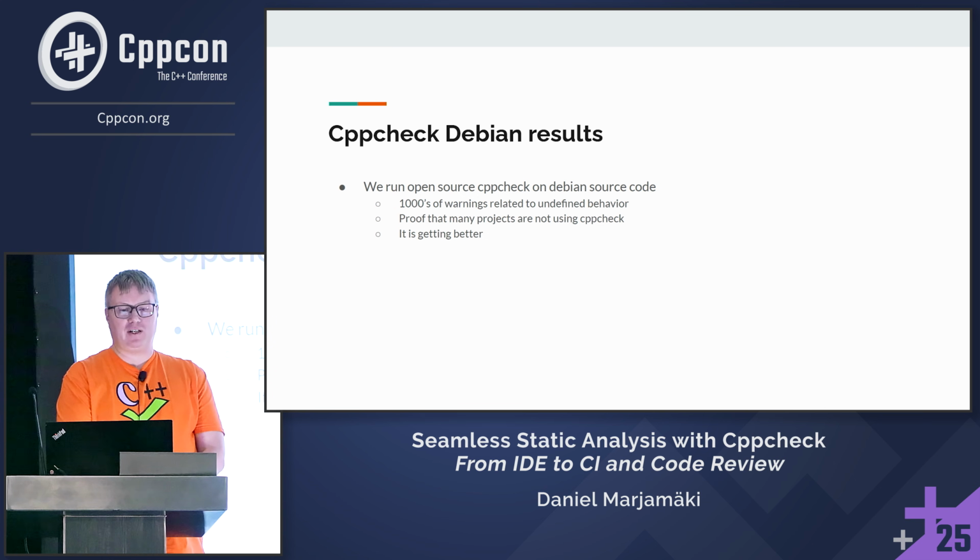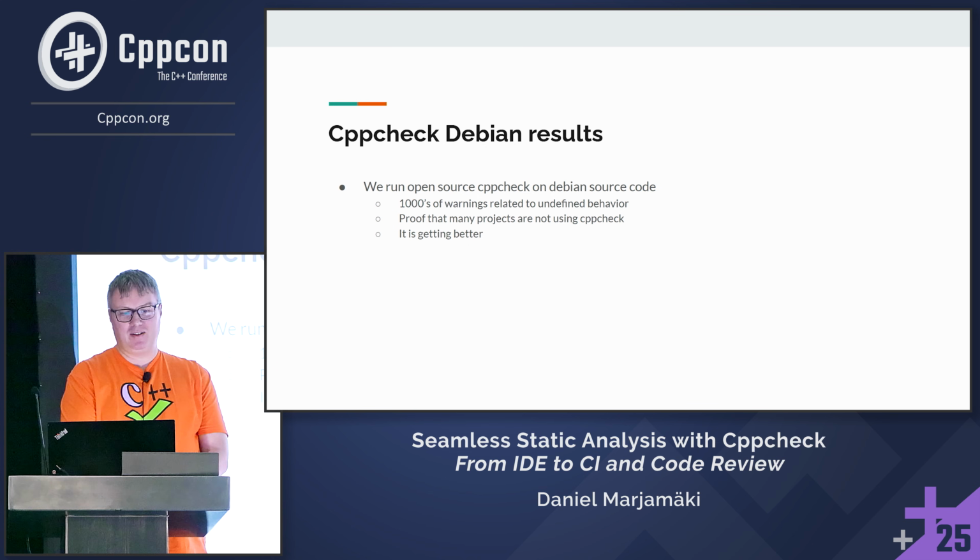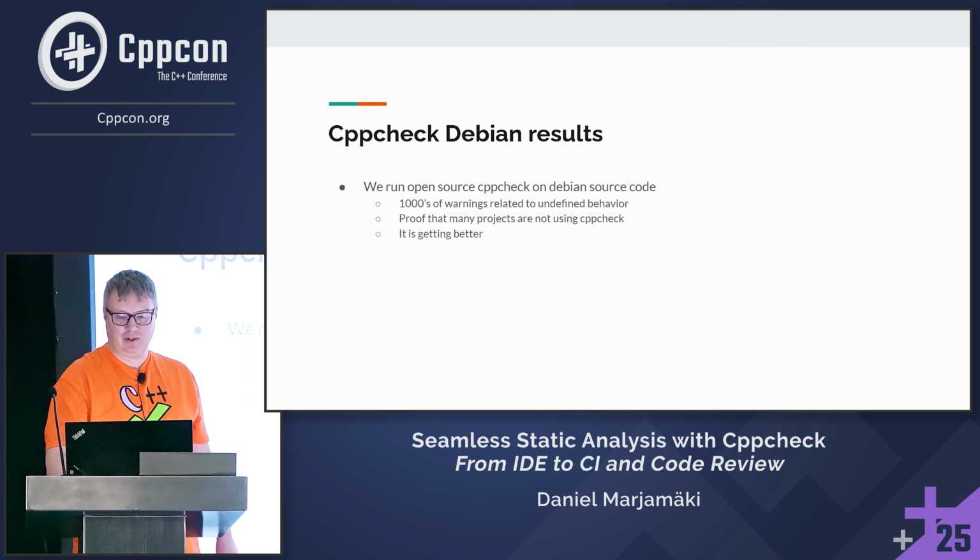And we find thousands of undefined behavior in Debian. This is a proof, I believe, that many projects don't use Cppcheck. So I'm not so happy about that, but I feel that it is getting better. When I did this 10 years ago or so, there were many more warnings than today.